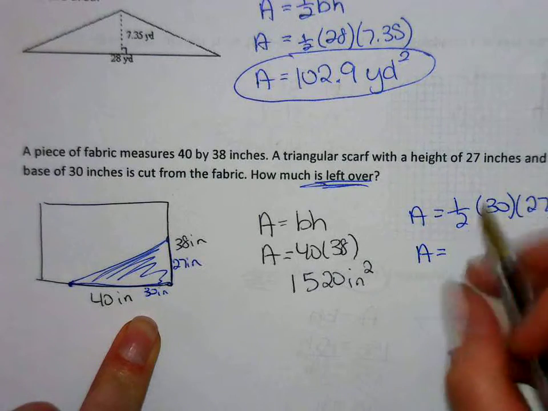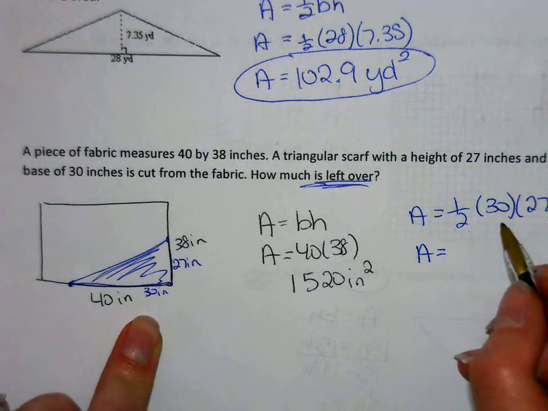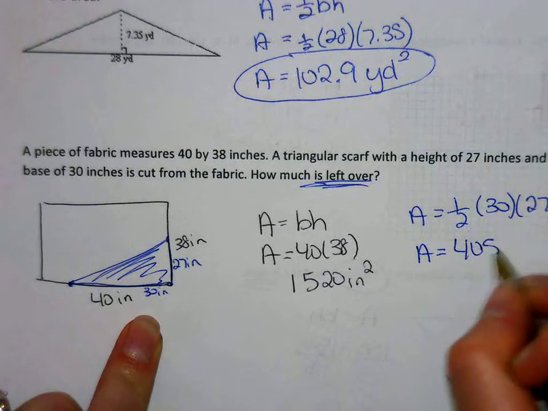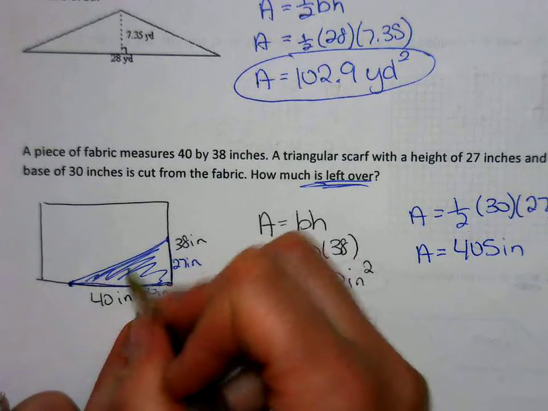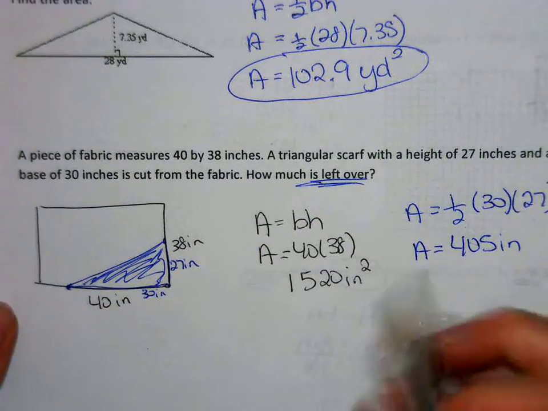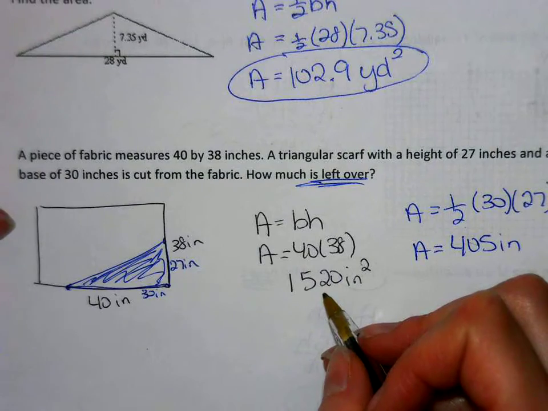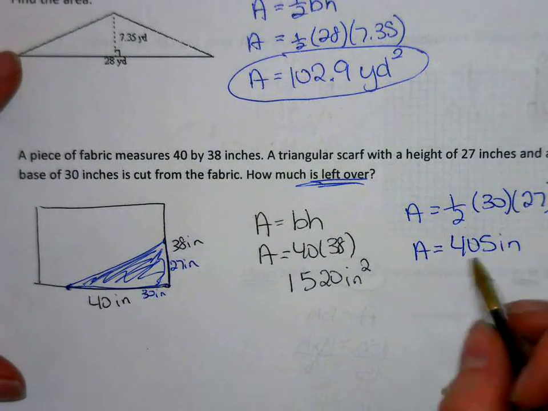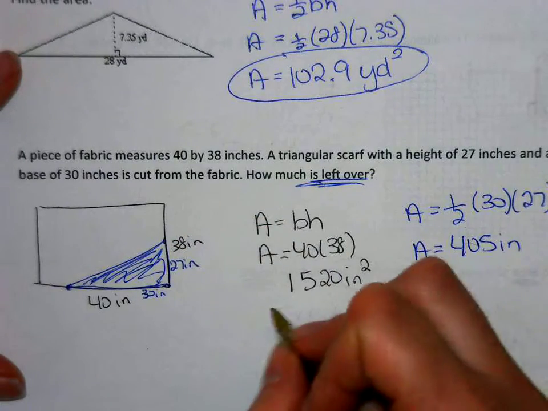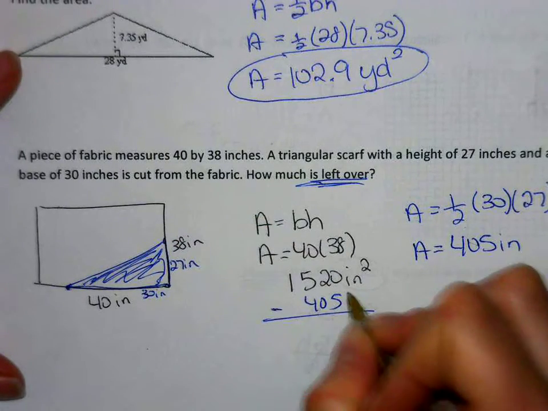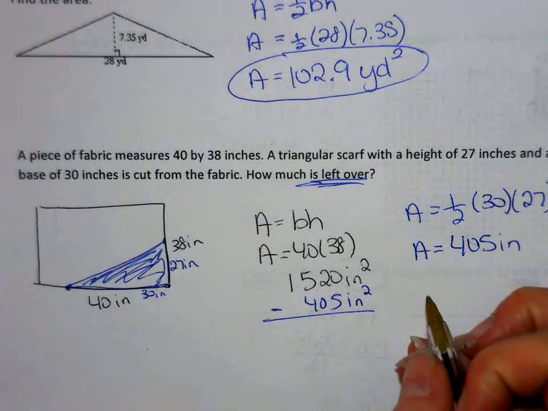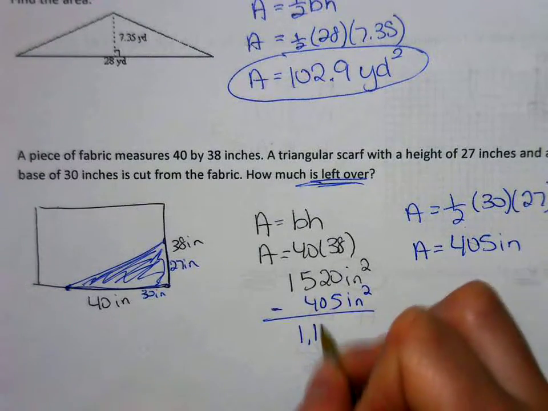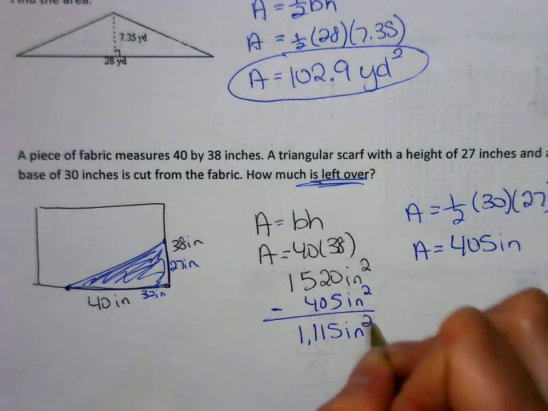So area equals 1/2 times 30 times 27, which is 405 inches squared. Since we know the whole fabric has an area of 1,520 and the triangle has an area of 405, we want to know what's left over. So if we subtract the two numbers, we are left with 1,115 inches squared.